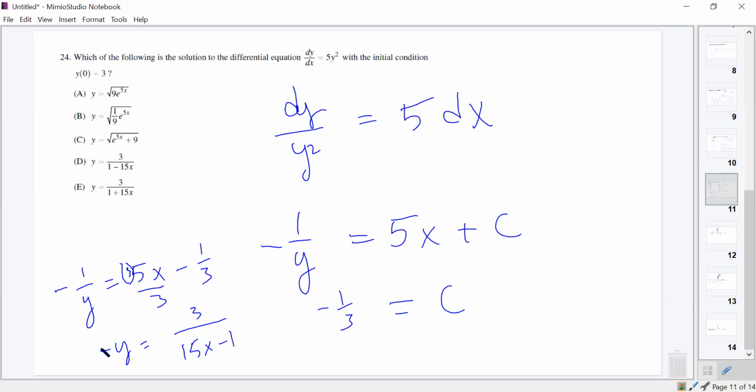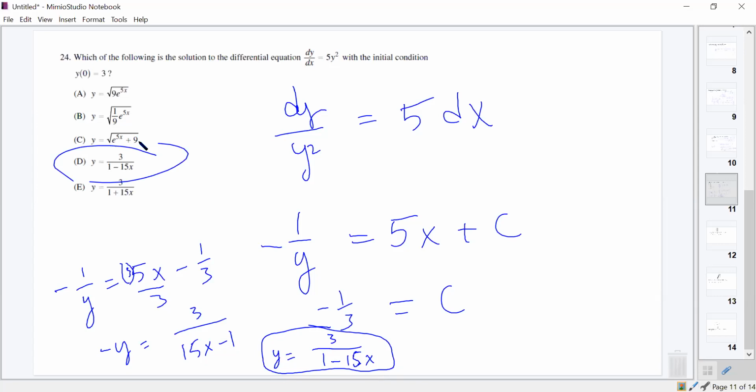And if you multiply by a -1 to both sides, we can distribute that -1 through the denominator and get y equals 3 over 1 minus 15x. Good or no? Good. Wonderful.